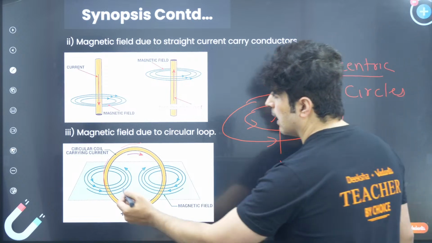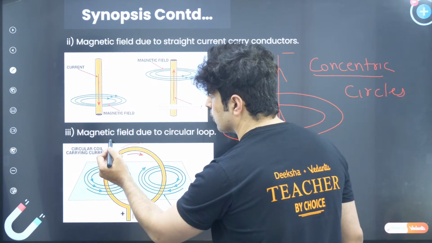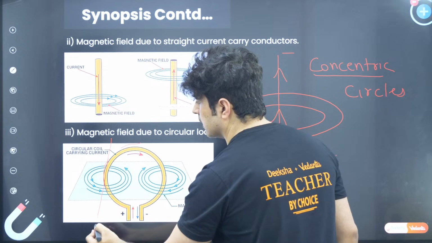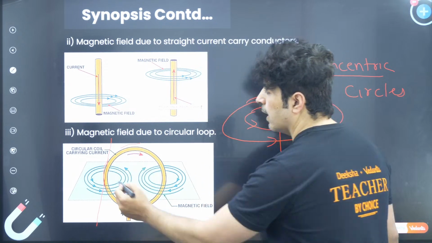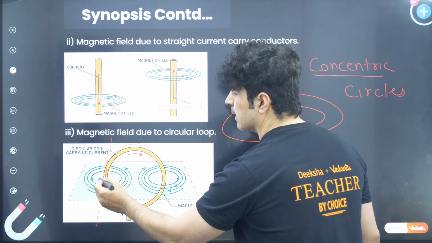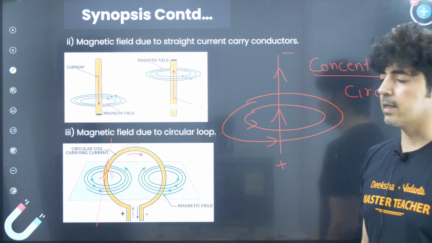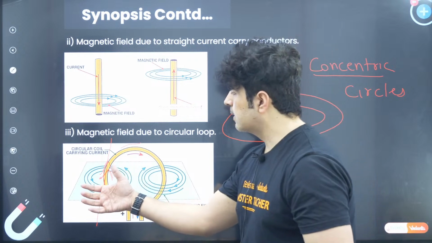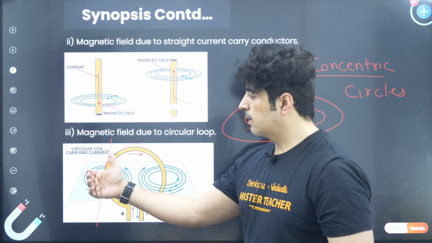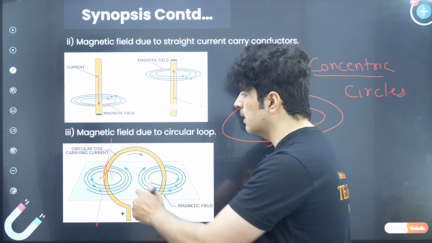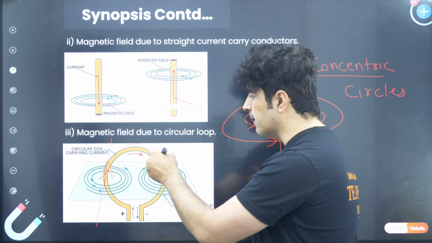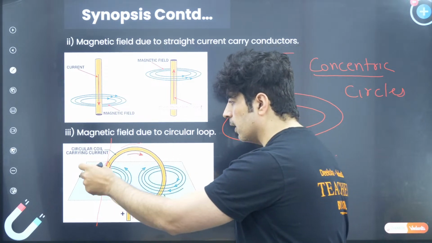So I draw a tangent to this circular loop. Let's say this is the tangent. Now at this tangent, I can see the current is going like this. I hope everybody can see this. So again, take your right hand, curl it, and you will see this is how the magnetic field goes.